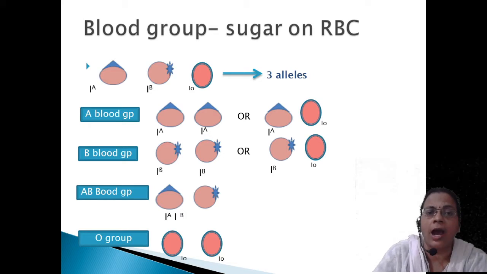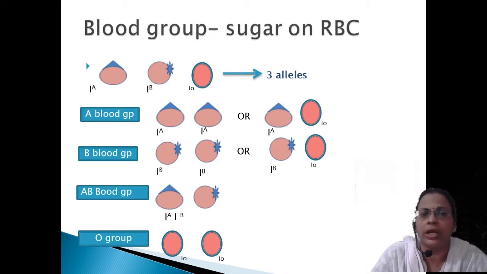Either they are pure for that particular antigen, that is, all RBCs will have the A type antigen, which means they inherit the allele IA. If the genotype is IA IA, definitely all the RBCs will have A type antigen.